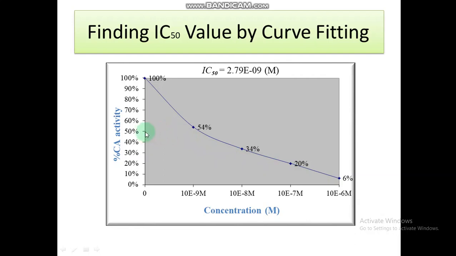Then we can find out what concentration of inhibitor gives 50% inhibition. Here is an example of carbonic anhydrase activity, where the concentration is going to increase, and then we get the percentage activity. Here we have an IC50 value of, let's suppose, 2.79 times 10 to the power minus 9 molar.